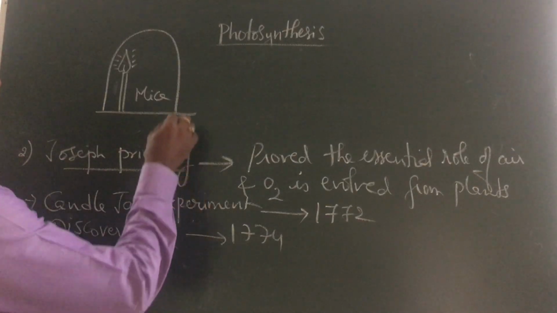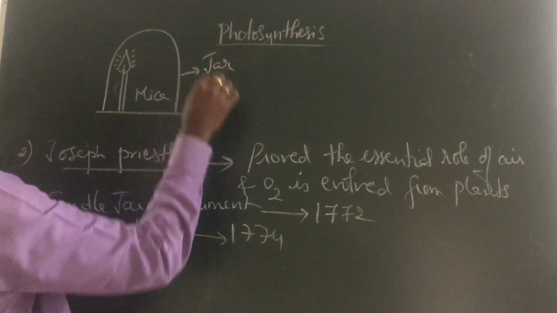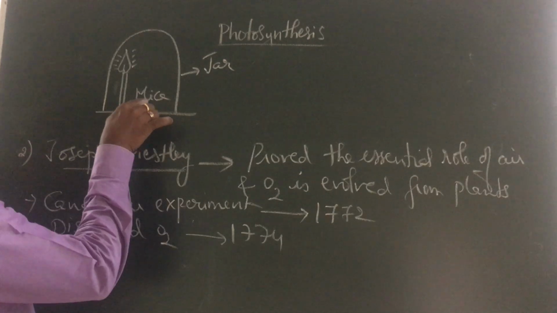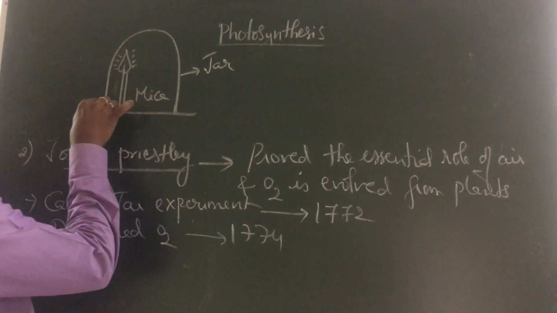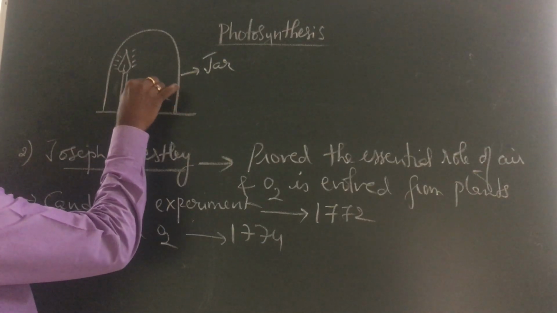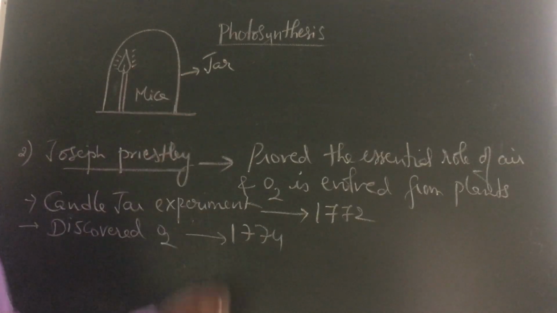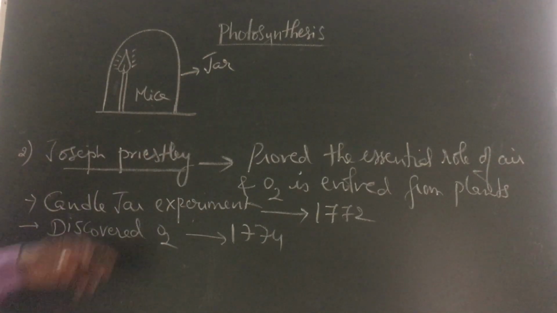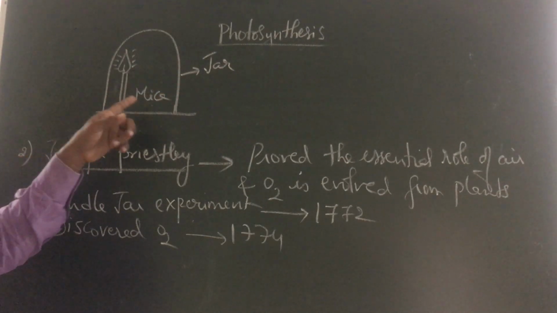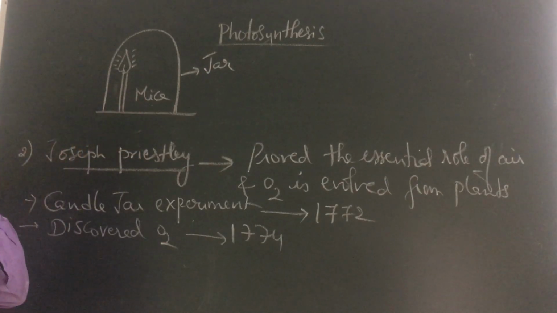When the jar is closed, the mouse survives until the oxygen present is used up. Carbon dioxide is released by the mouse, and the oxygen is taken by both the mouse and the candle.